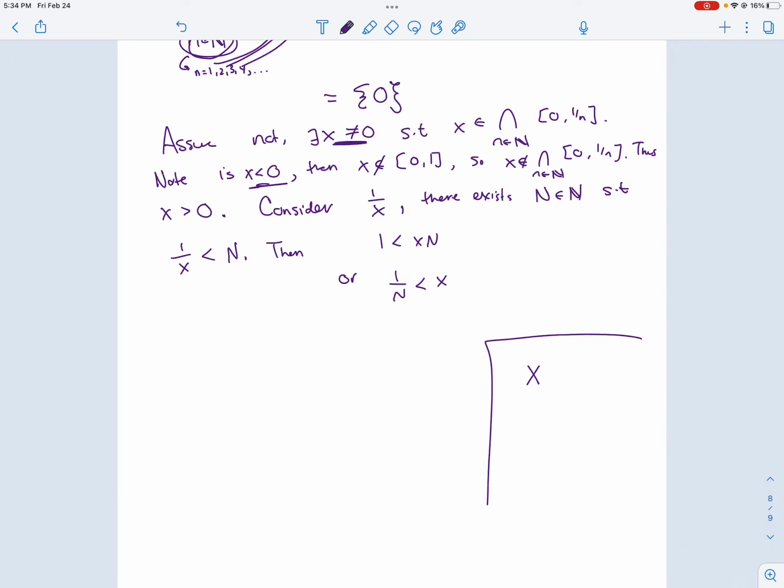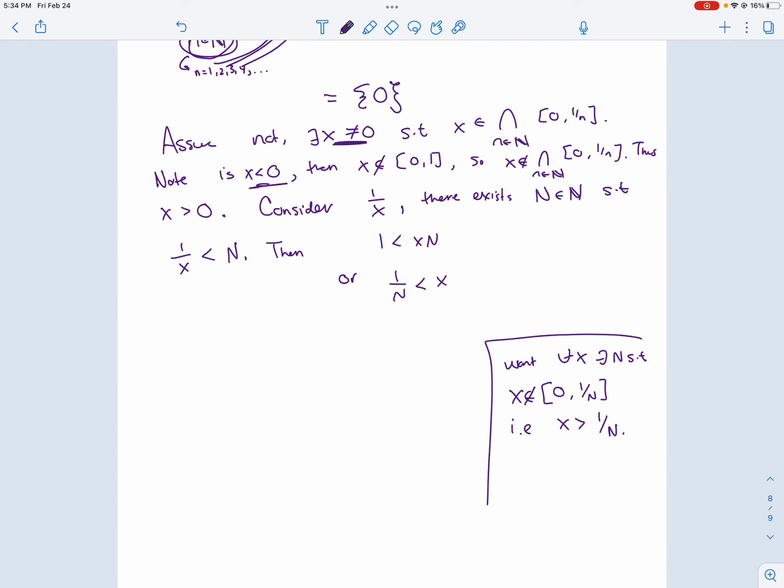So I was trying to show that for every x, there's always an n such that, oh, no, this is what I wanted. I wanted to show that x was not an element of 0 to 1 over that n, i.e. x was bigger than 1 over n, which is what we showed.